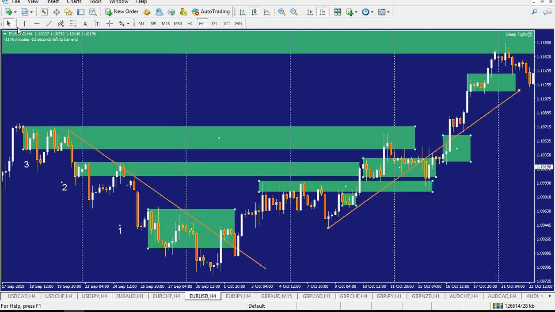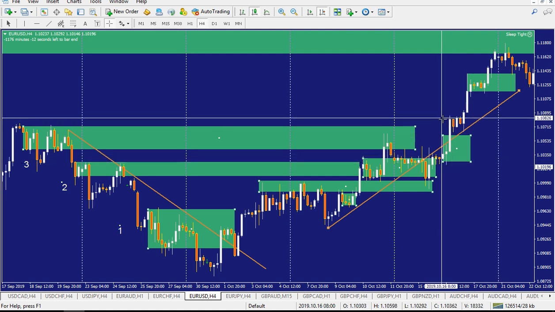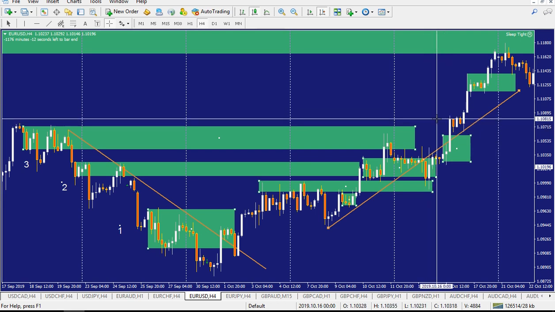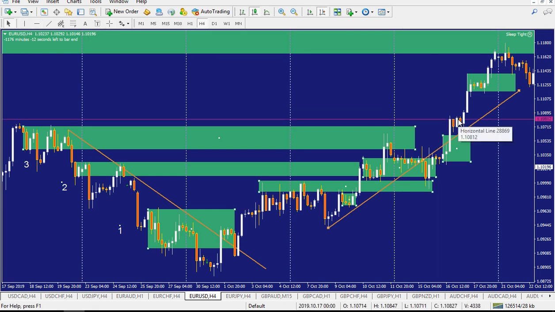And the sellers, the buyers have no mercy on them. They broke them, and this candle closed exactly on the top of the level. If you don't see it, let me put a line for you. Look, where does this candle close? It's very important, all these things on the top of levels.